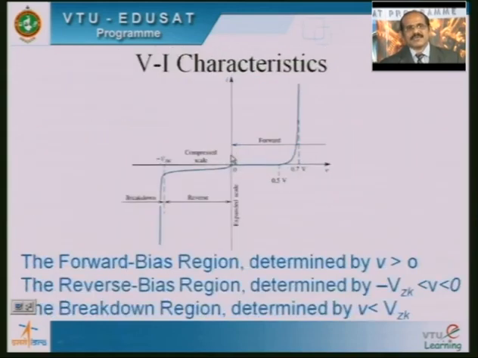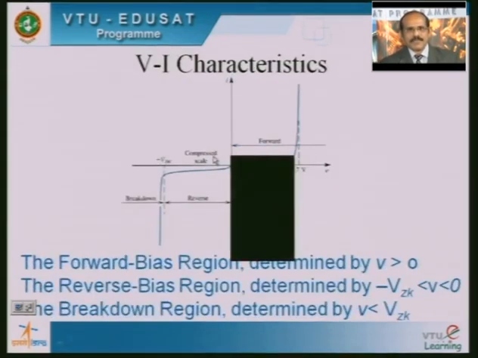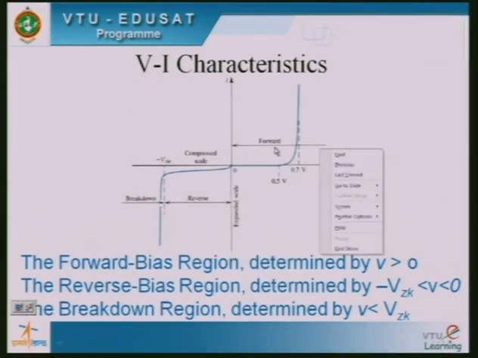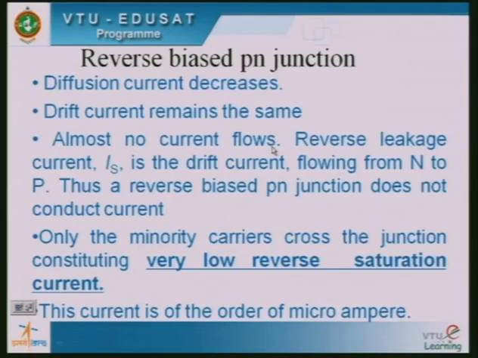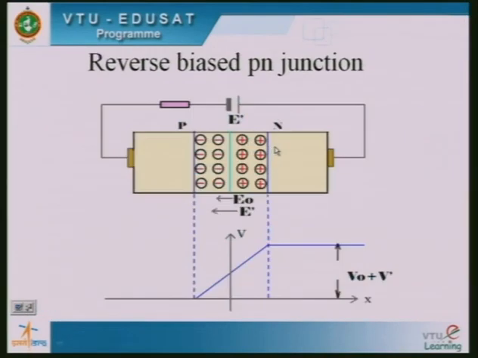Whereas in the reverse bias PN junction, the negative terminal of the battery is connected to the P layer, whereas the positive terminal is connected to the N layer. This battery will attract the holes from the P layer, and similarly it will attract the electrons from the N layer, and therefore the depletion region width increases.